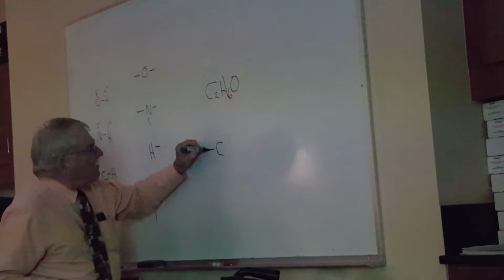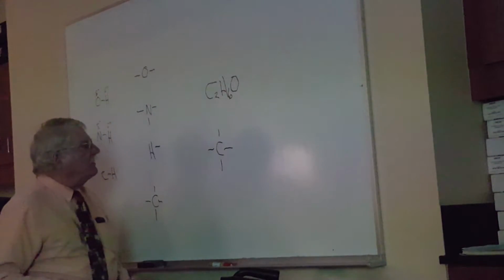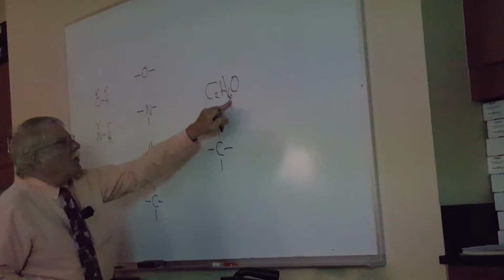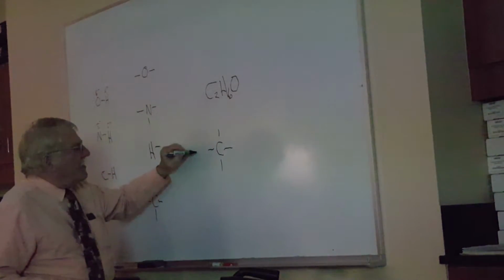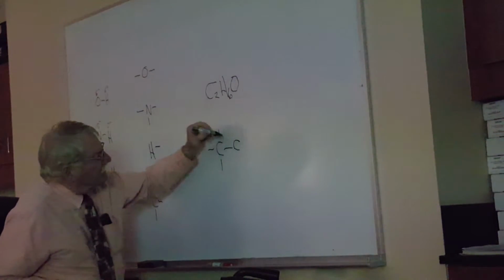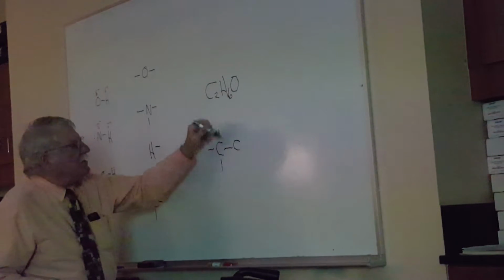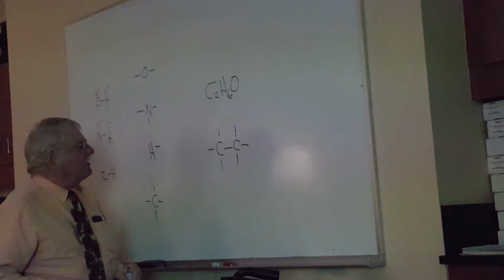So you want to bring a pencil with a good eraser to this quiz. Please don't do it in red pen or any kind of pen. Have a pencil with a brand new eraser on it, not an old one that doesn't work. So anyway, let's draw a carbon with 4 things and start filling them in. We've got 6 hydrogens and 2 carbons to work with. So I could write another carbon over here, and that would use up my 2 carbons, and every carbon has to have 4 things hooked onto it.